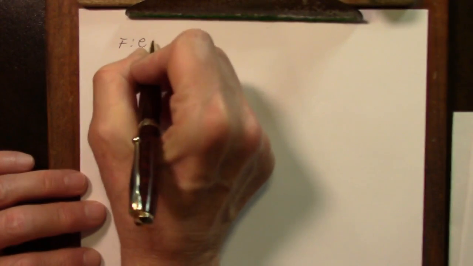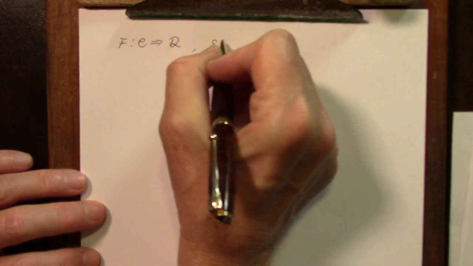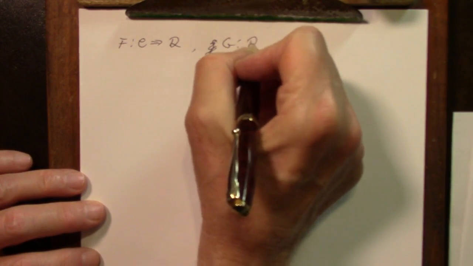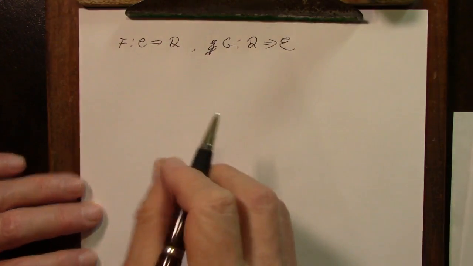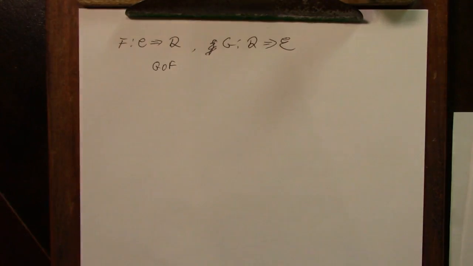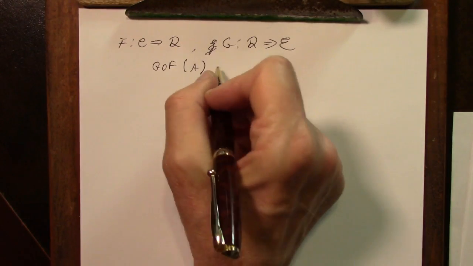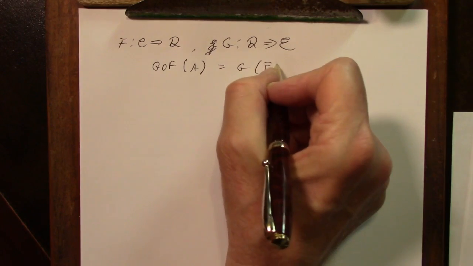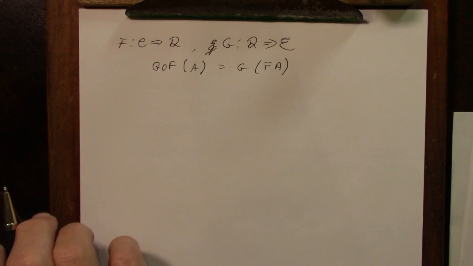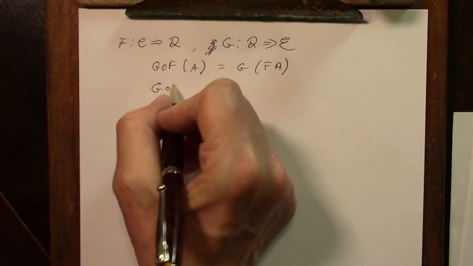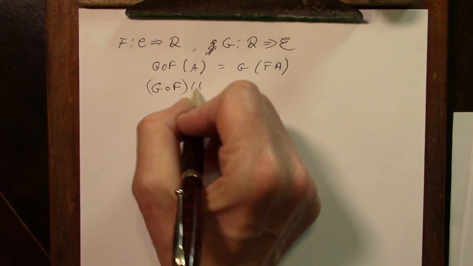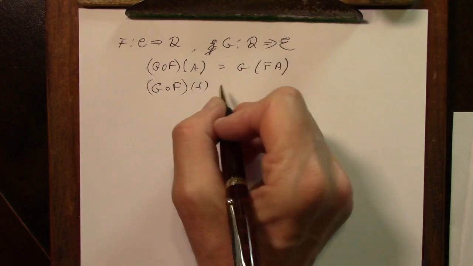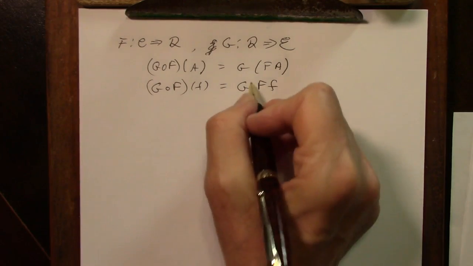Functors can be composed in sort of the obvious way. Let's say we have F mapping C to D, and capital G mapping the category D to the category E. Then G circle F, the object part will take an object of C and give you an object in E. And the morphism part will take a morphism and give you this morphism.